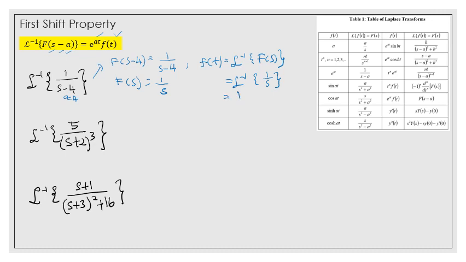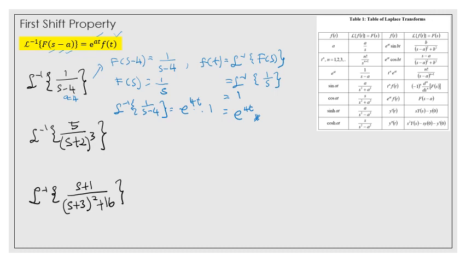So the inverse Laplace transform of 1 over s minus 4 is actually equal to e^(at) f(t), with a equal to 4 and f(t) equal to 1. Simplifying, we get e^(4t).